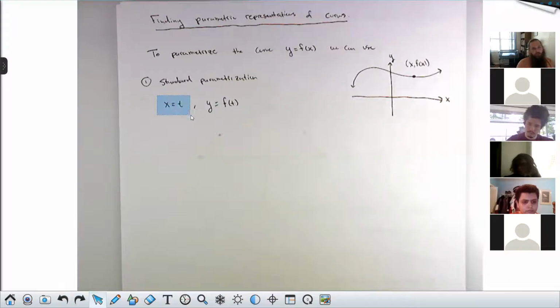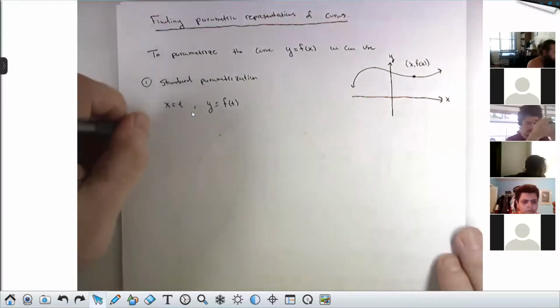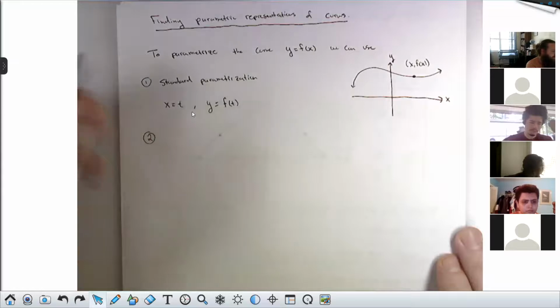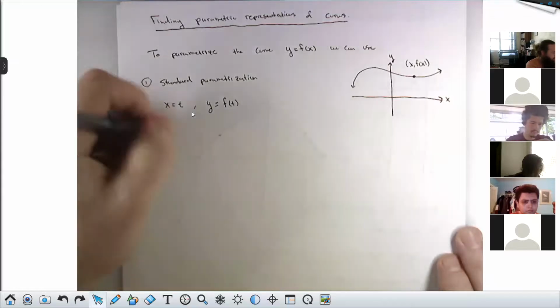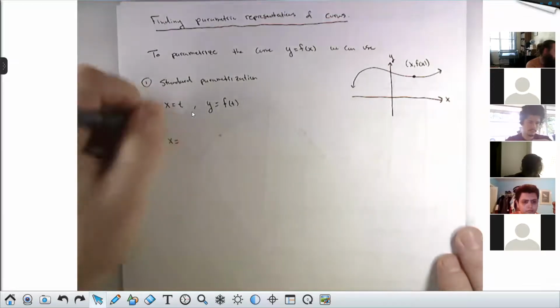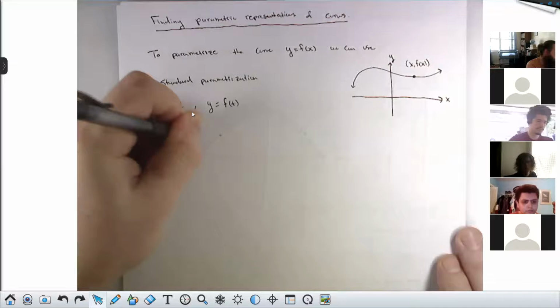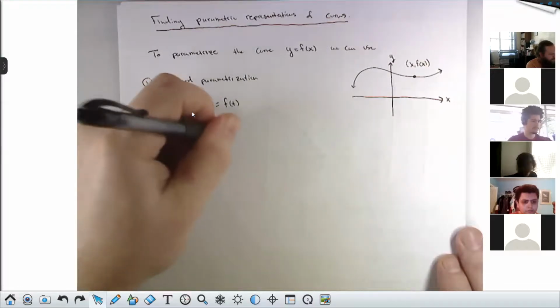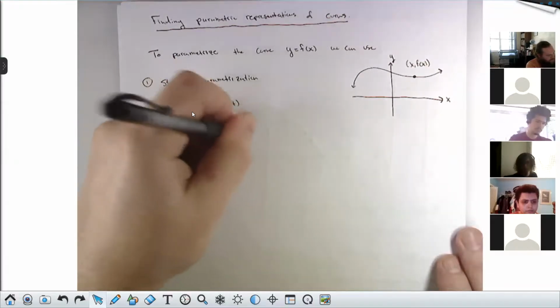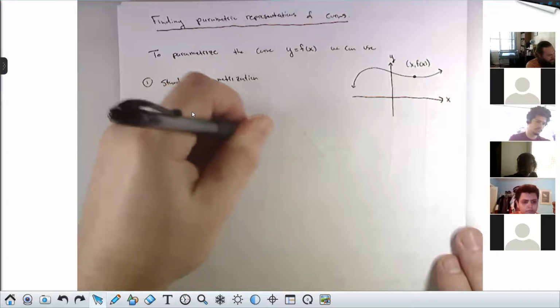The big thing you need to pay attention to is the range that you choose for your x function. You want to make sure that the x function has range all real numbers. So other choices here could be things like x equals the ln of t and y equals f of the ln of t.